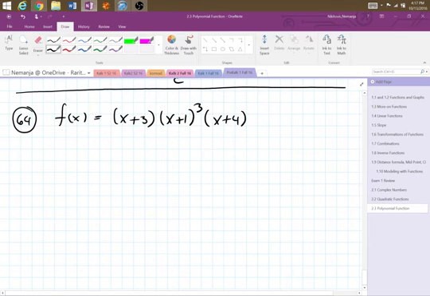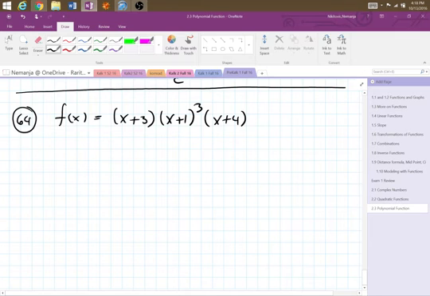So are you done with the? How many roots do we have altogether? 5 roots.